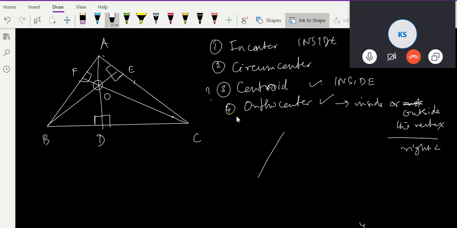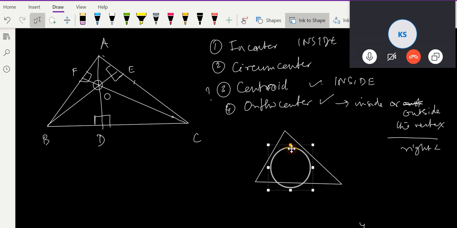When we are constructing an incenter, it will divide each of the angles into two equal parts, correct?